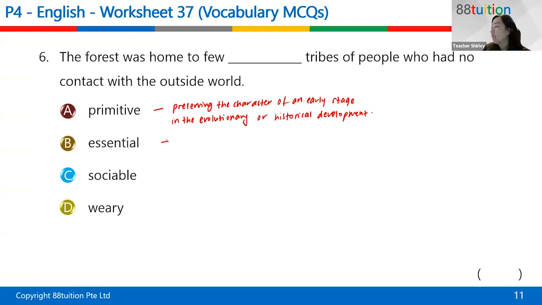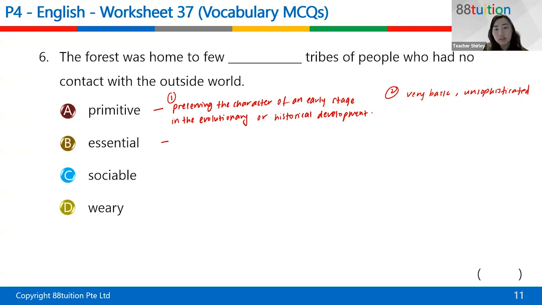Okay. Now, essential. Maybe I'll write number 2 as well, because primitive can have another meaning. Primitive means it's really very basic, very unsophisticated. So it's not a very complicated kind of thing, right?